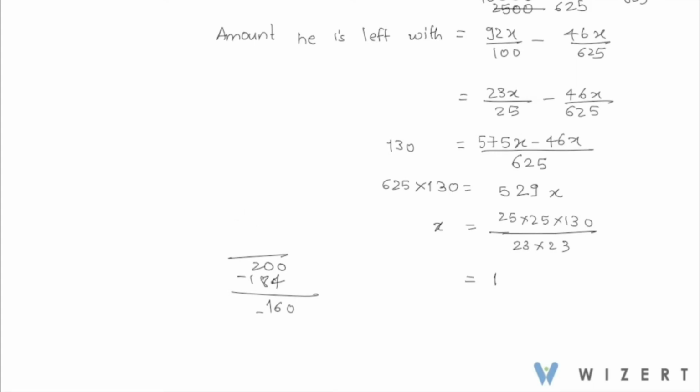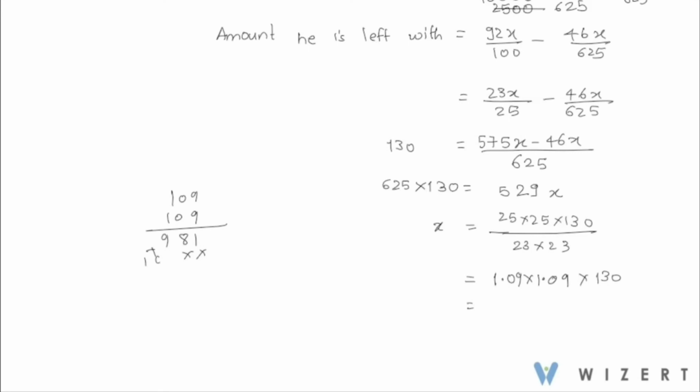So we'll remove this calculation and we have 1.09 multiplied by 1.09 multiplied by 130, which is equal to, let's see, 1.09 into 1.09, 9 nines are 81, 9 ones are 9 plus 109.